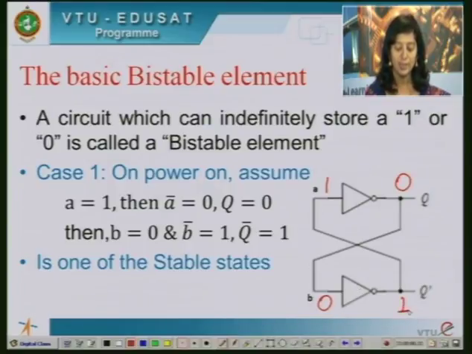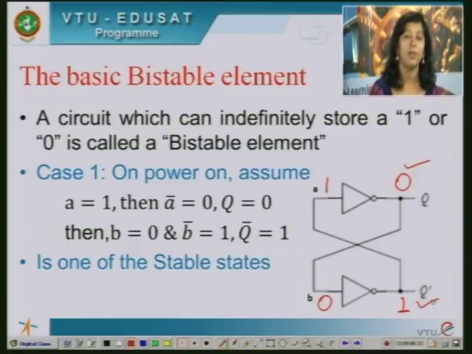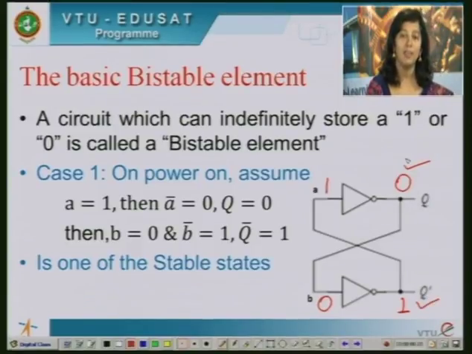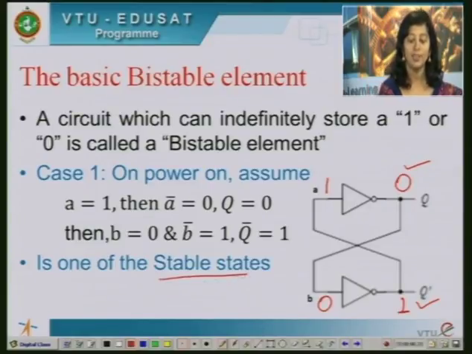Q bar remains high. So you can see the permanent state of the output, Q will be 0 and Q bar will be 1. Output will permanently remain in this state, and hence this is called one of the stable states of the multivibrator. So it is one of the stable states, 0 and 1 state.